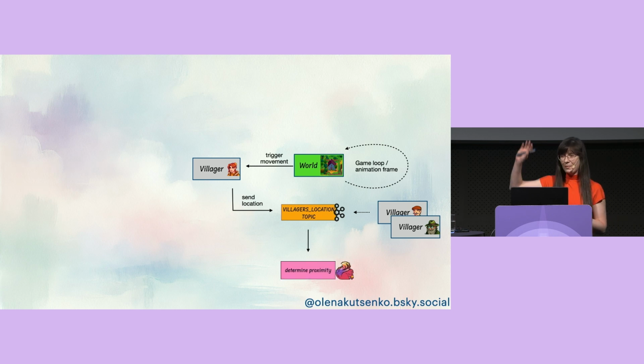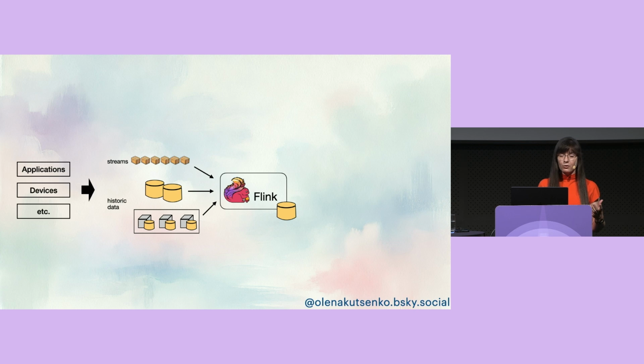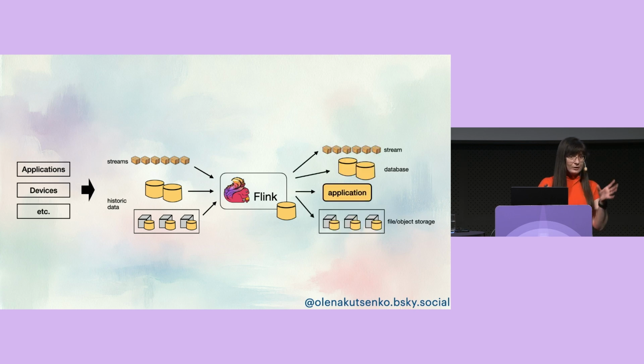How many of you know Apache Flink? Okay, just a couple. Someone was very shy to raise a hand. Apache Flink is at the heart of real-time data platforms, and it's used for transforming the data. It's a technology quite commonly used, for example, for fraud detection.